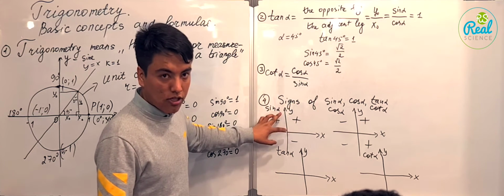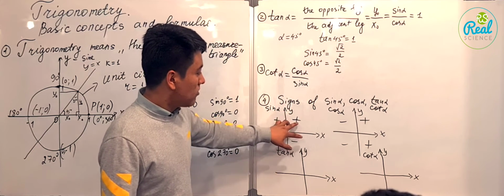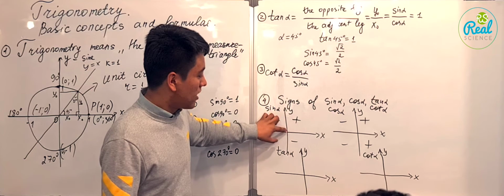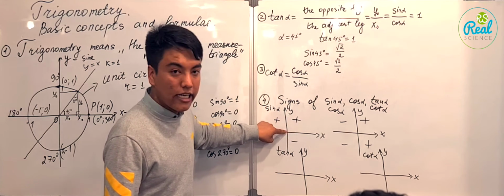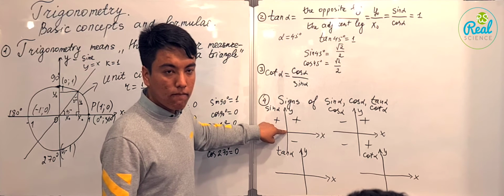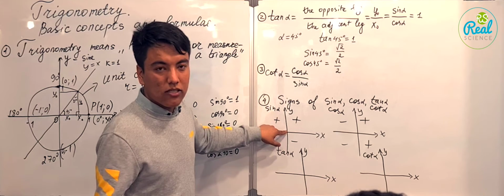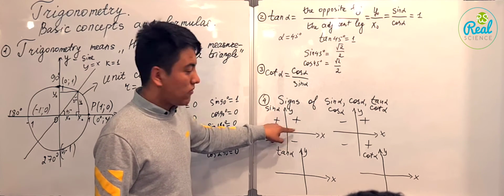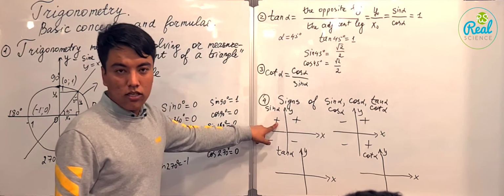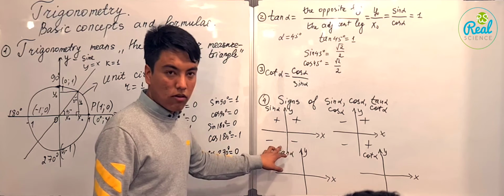Always positive. From 1 up to plus infinity, what kind of numbers are here? Positive, that's why it's positive. Below, they're negative.